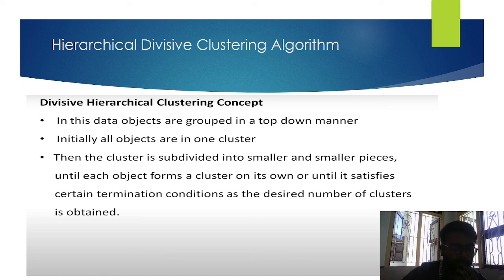This is the divisive hierarchical clustering algorithm. It is top-down, like a ladder, and all objects are initially in a single cluster. Then we divide that single cluster into parts until we reach a satisfactory state.